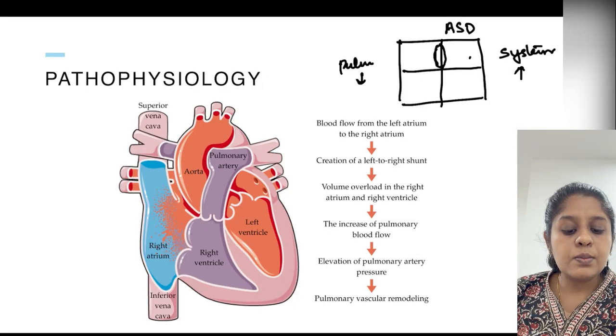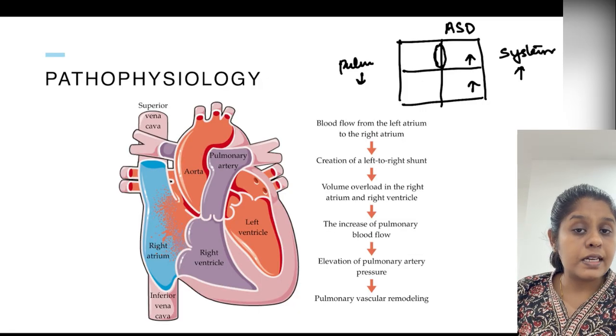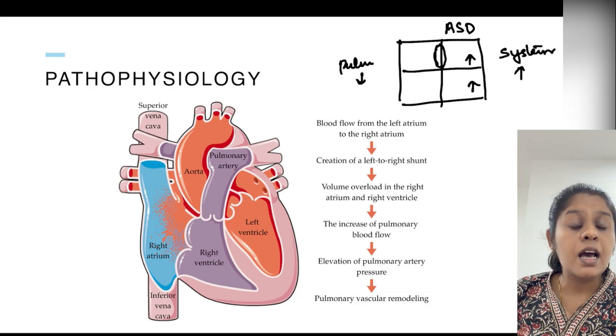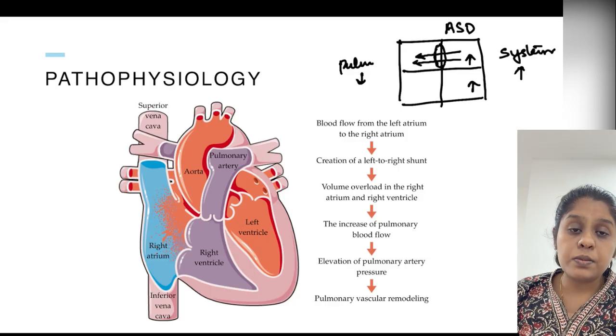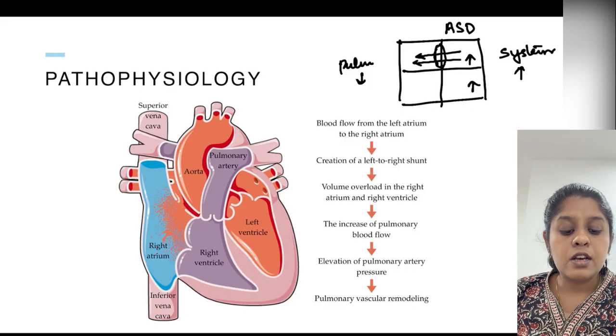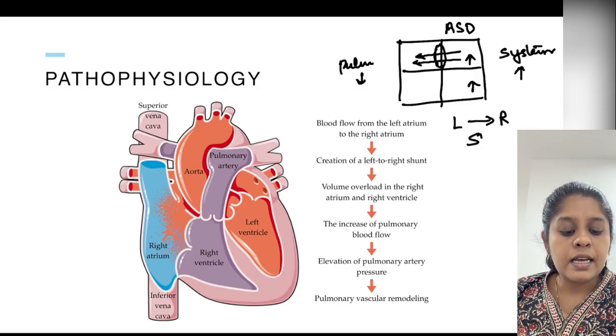So always the pressure in the left atrium and left ventricle is way higher than the pressure in the right atrium and the right ventricle. So when there is a defect, the blood will flow from the higher pressure region to the lower pressure region through the ASD. So ASD will produce a left to right shunting in the patient.